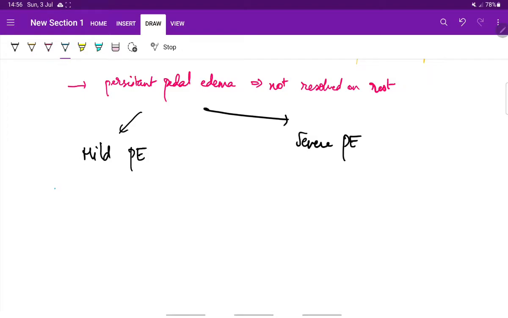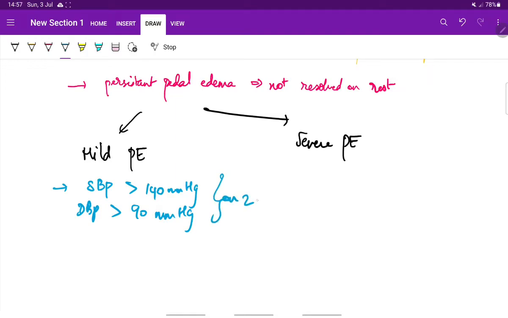So the preeclampsia is said to be mild when systolic blood pressure is more than 140 millimeters of mercury, diastolic blood pressure more than 90 millimeters of mercury on 2 measurements 24 hours apart.